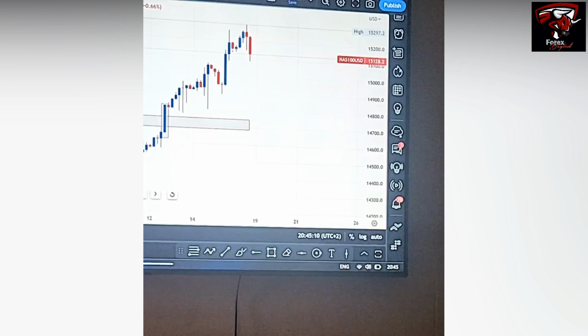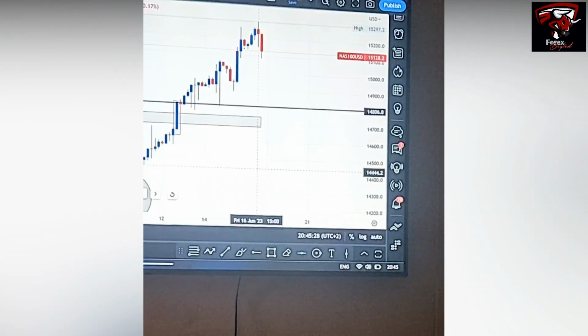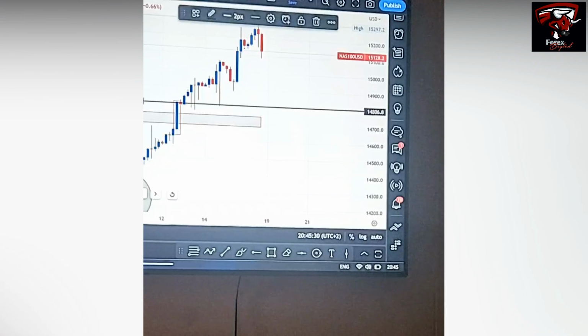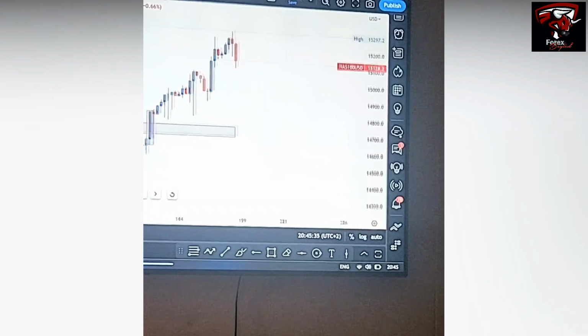So what happens is we're now looking for that rejection. We're looking for them to liquidate or to at least trap the sellers. Do we get a trap? No, we don't. So because we're not getting traps, this means that they're still going higher.